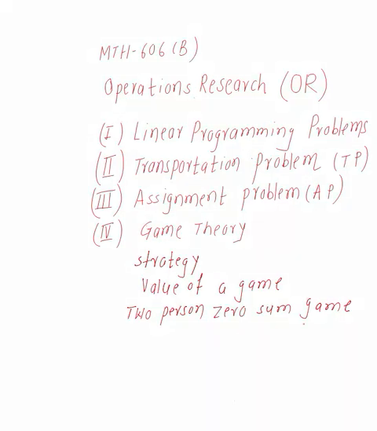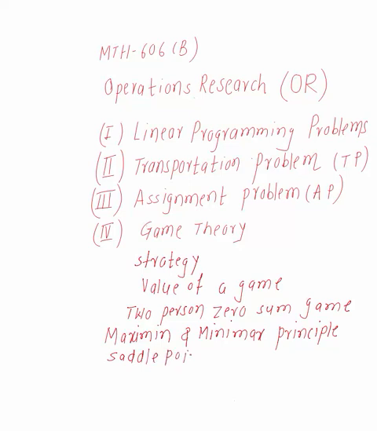To solve two-person zero-sum game, we use maximin and minimax principle. We will also define a saddle point of a game. When a game has a saddle point, it is easy to solve.